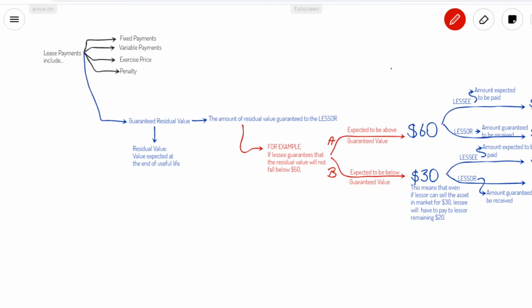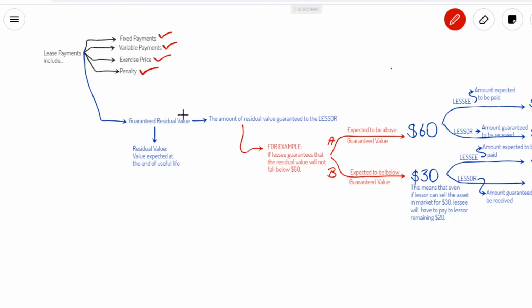So the lease payments have 5 components. First is the fixed payments, including in-substance fixed payments. Then we have variable lease payments that depend on an index or rate. Then we have the exercise price of a purchase option if the lessee is reasonably certain to exercise that option. And then we have the payments of penalties for terminating the lease if the lease term reflects the lessee exercising an option to terminate the lease.